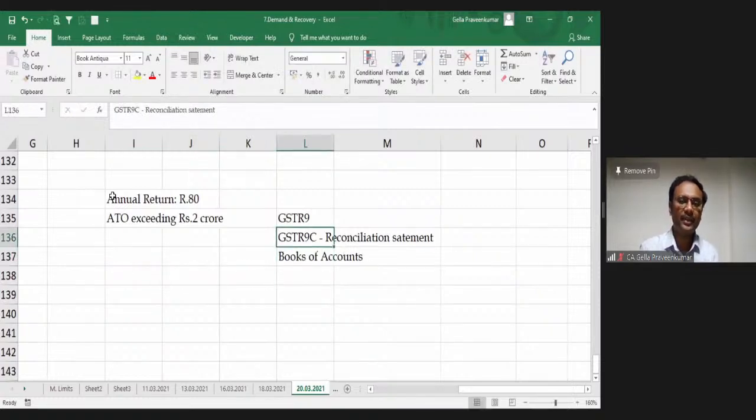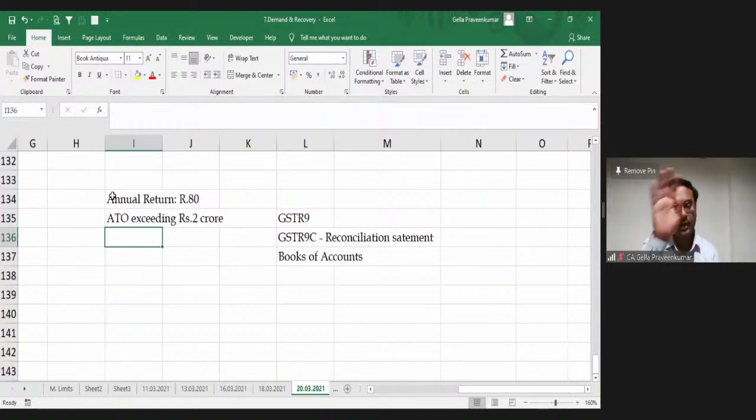This is what they say. Now, when I say aggregate turnover, please keep in mind it is the turnover of all the registered persons across India. It is not turnover in the state. It is aggregate turnover, which we have discussed in various classes, even for registration.